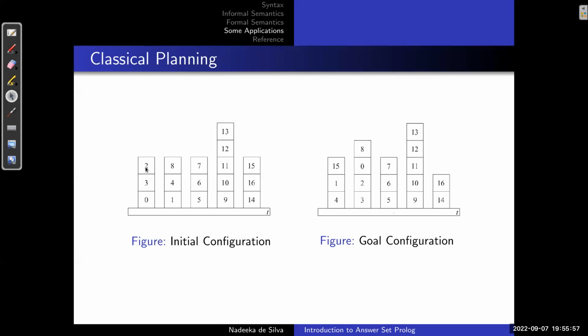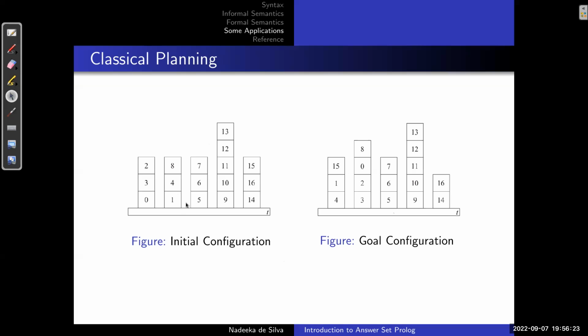I can put a block on the table, or I can put a block on top of another block. I can remove a block and put it on the table, and I can take a block off the table and put it on top of a new block, or I can take a block and put it on another tower.